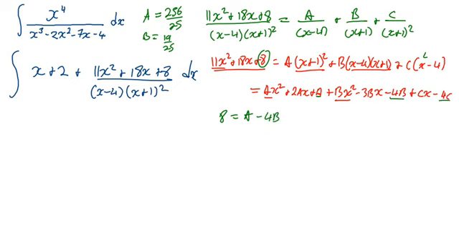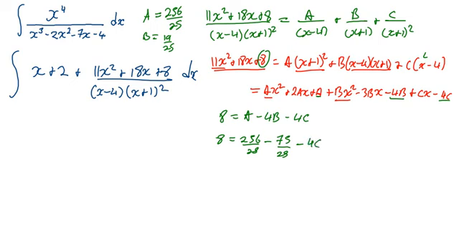Then I also have minus 4c there. So here is just a matter of replacing. I can say I have my 8 there, then I have my 256 over 25 minus 4b, 19 times 4, that would be 76 divided by 25 minus 4c there.